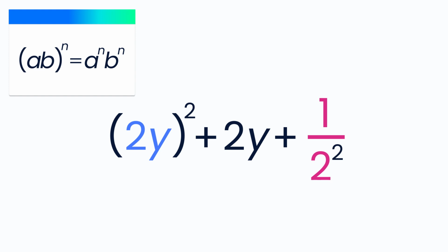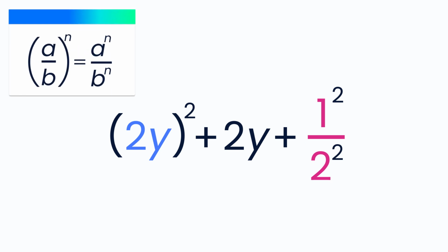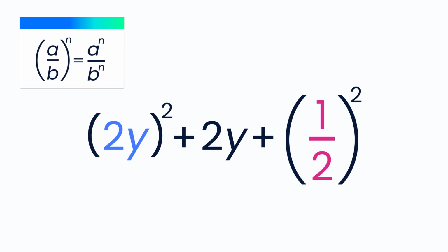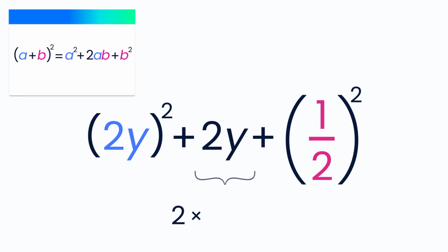Furthermore, you can write the 1 in the numerator of the third term as 1 squared, since 1 times 1 equals 1. This time, you use the rules of exponents to write 1 squared over 2 squared as (1/2) squared. Thus, you've managed to write the third term as a square as well. All that remains is to calculate 2 times 2y times 1/2.